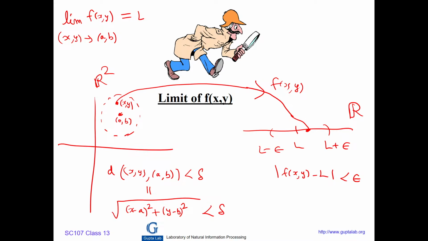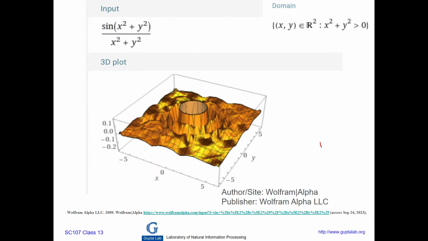Let us see. So this function here, see how beautiful the function is. You can see that there is a problem at (0, 0). You remember sin x by x, limit x tends to 0, is what it used to be? 1. Here also it is 1. But how will you show it? So enjoy the beauty of this function.